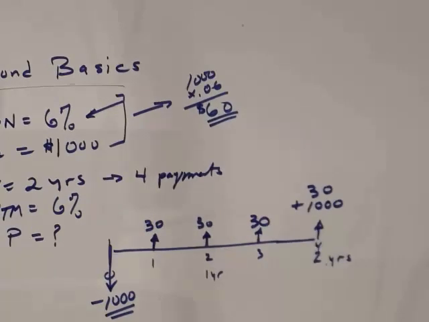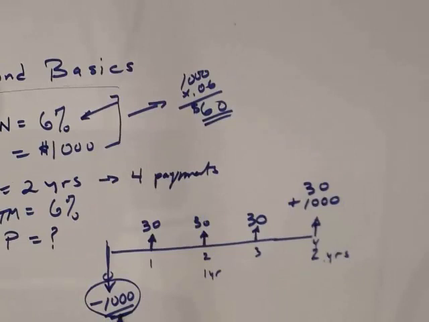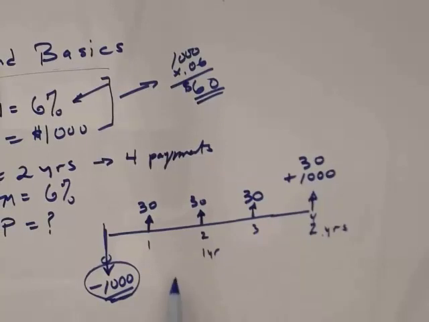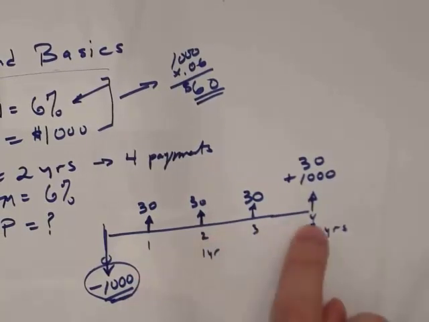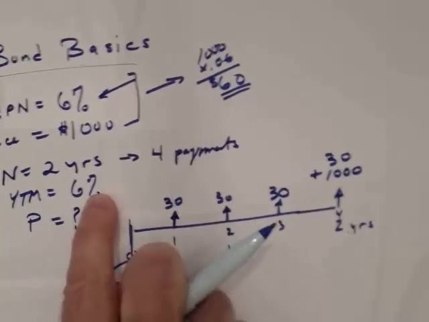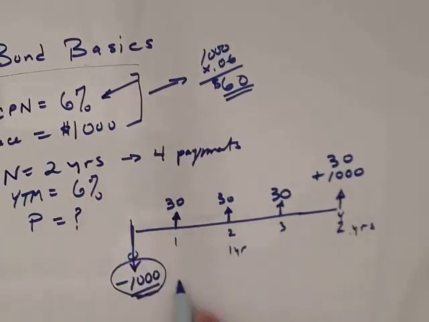And so how do I know it's worth $1,000? This is how much I have to pay for it. So I have to spend $1,000 in cash, which is why there's a negative sign. What we do is take the present value of all these cash flows and discount them back at the yield to maturity, what the market demands, and that will determine the price.